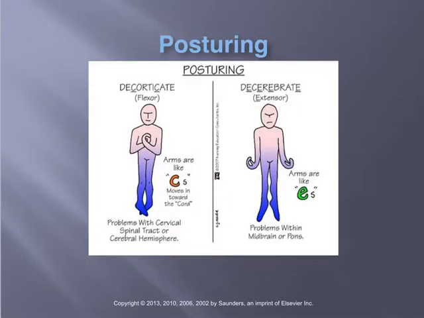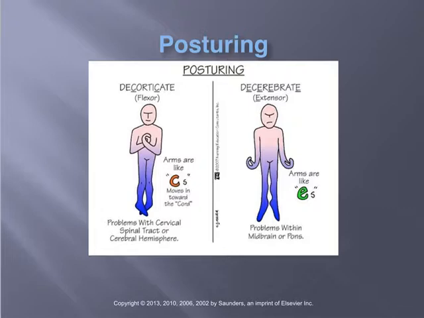This slide is the best way I can figure out how to remember which posturing is which. So decorticate posturing is when the limbs come towards the body, towards the core. It's described as flexed internal rotation of arms, wrists, and fingers with plantar flexion of the legs. It's associated with dysfunction of the corticospinal pathways, versus decerebrate posturing, which is away from the core.